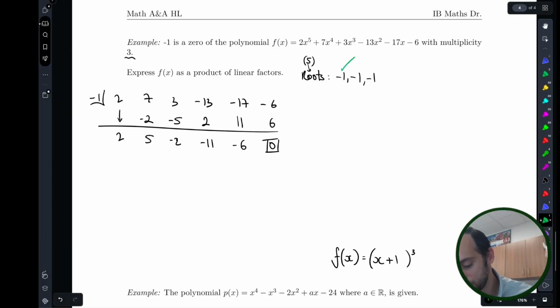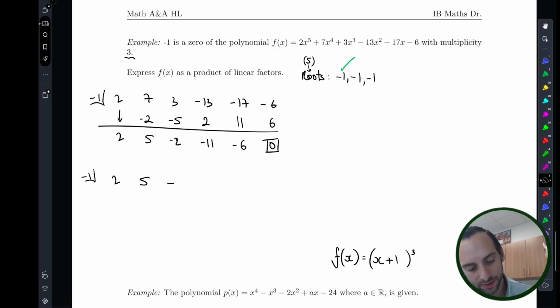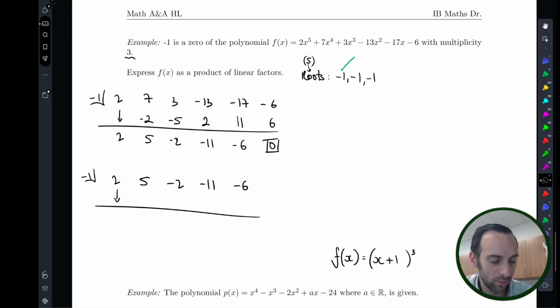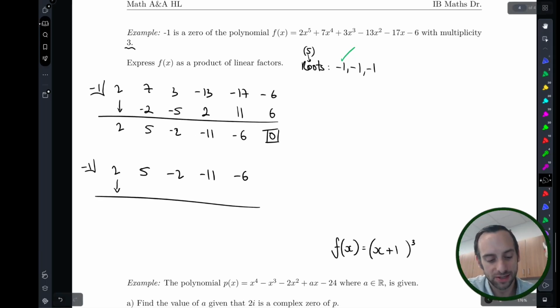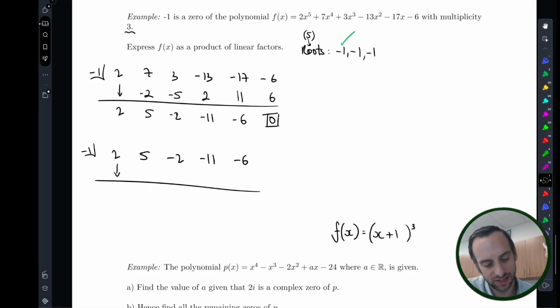We should be able to do it 2 more times as we hack away at this polynomial and get it down to a quadratic by taking one off the power each time. So we run our synthetic division again. 2 comes down, negative 2, 3, negative 3, negative 5, 5, negative 6, 6, 0.